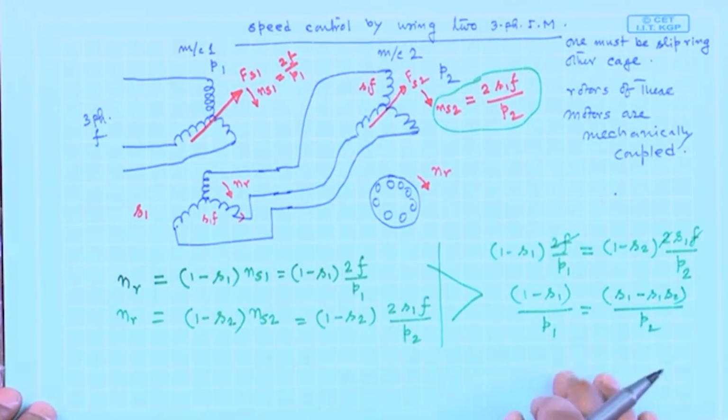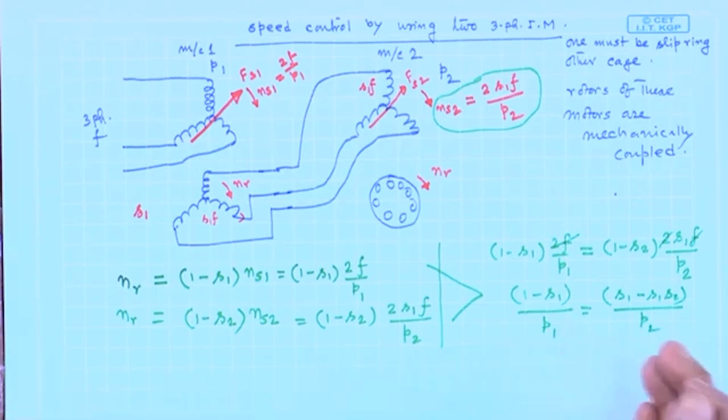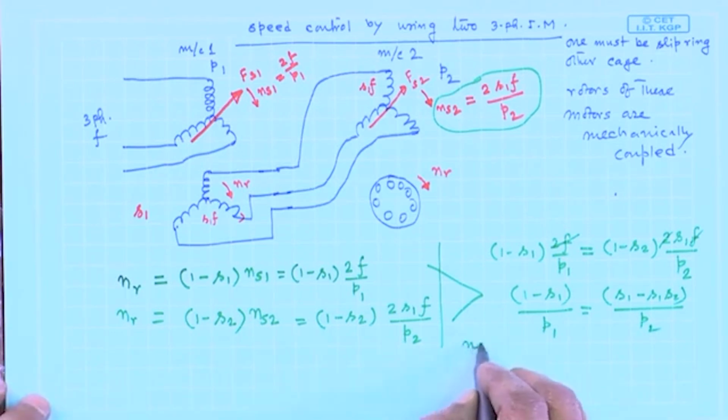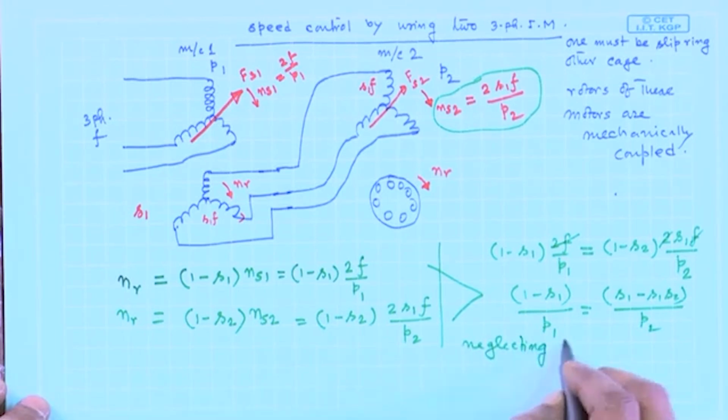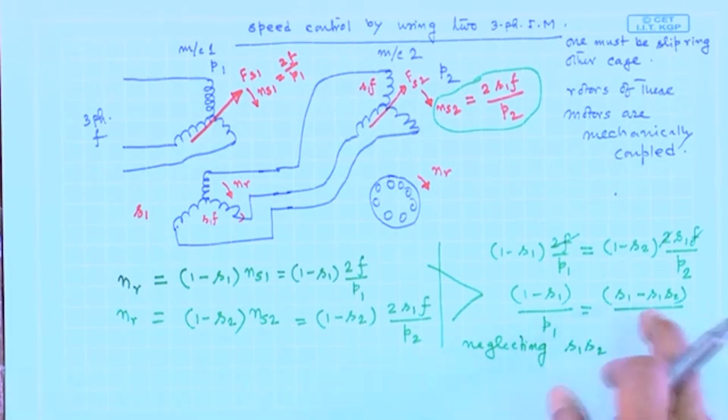Now, the next step of simplification is centered around the fact that both slips S1 and S2 are small. Therefore, neglecting S1 S2, the product of two slips, because slips are small compared to S1, S1 S2 will be small.